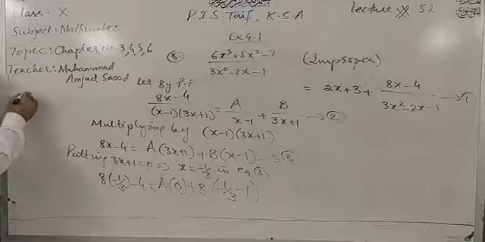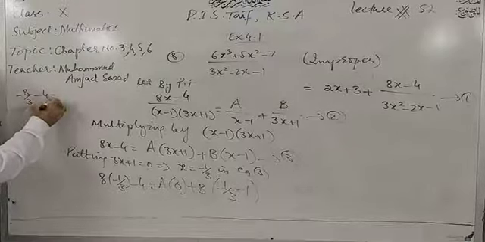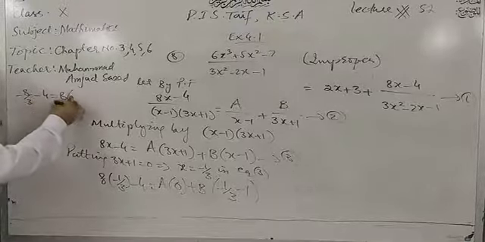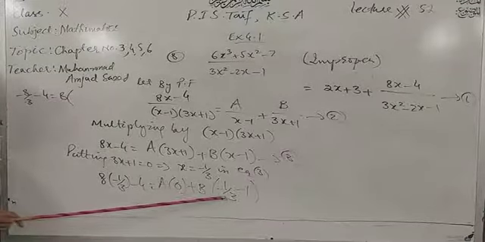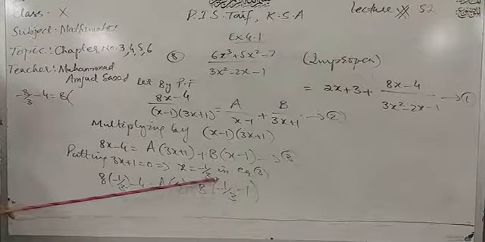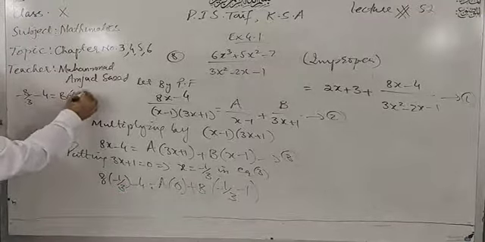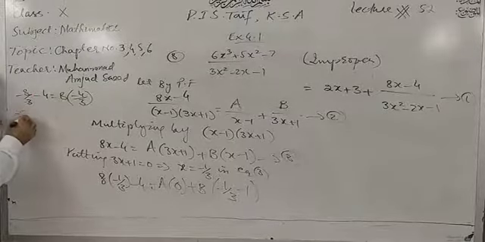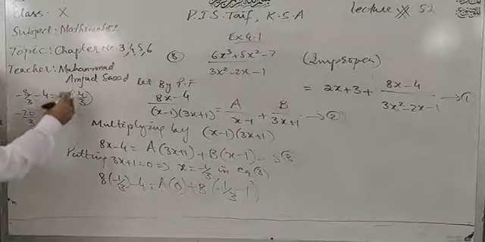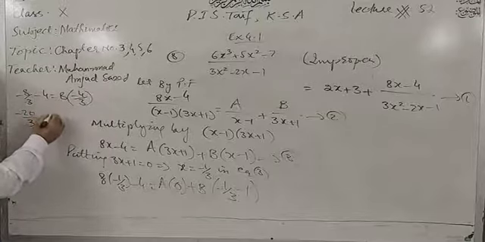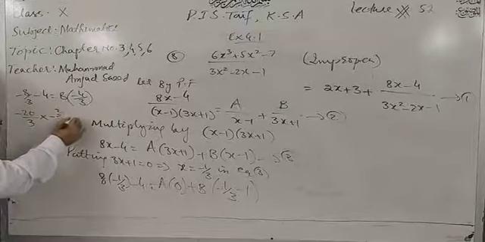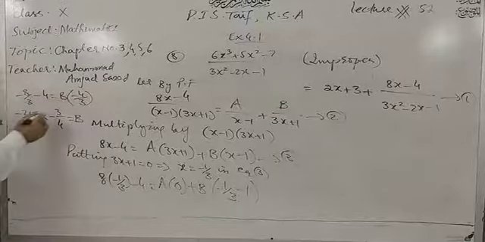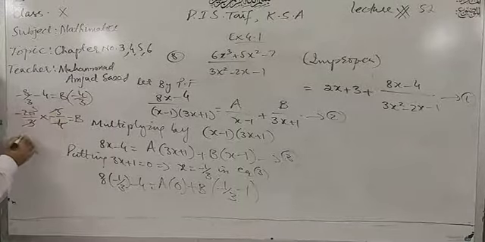We have minus 8 over 3 minus 4 equals B into minus 1 by 3 minus 1, that is minus 4 over 3. Here 3 4 is 12, minus 12 minus 8 is minus 20 over 3. Bring this term on the other side, it will become minus 3 over 4, that is B. 3 3 cancelled out, 4 5 and B is equal to 5.